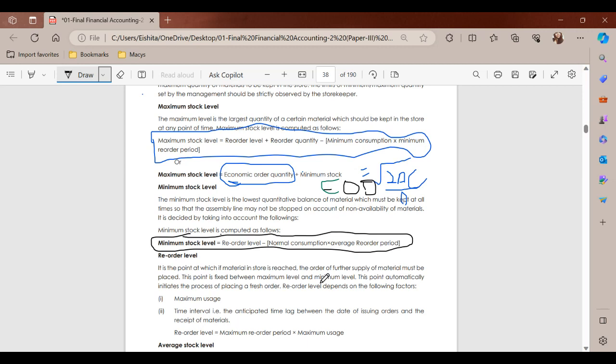So you have to calculate all. So what will the vendor take the time and what will you keep in mind just in case there is some delay at the vendor's end. Reorder level is equal to maximum reorder period into maximum usage.